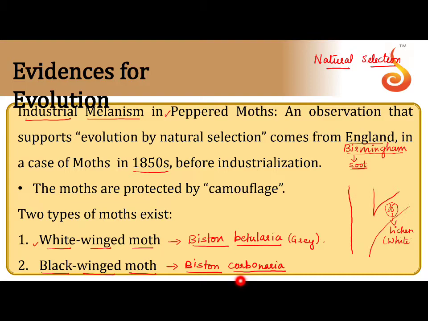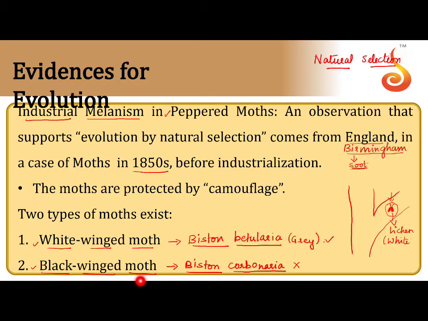But if a black winged moth, Biston carbonaria, came and sat on this lichen, it was easily visible and a predator could make it a prey. So, before industrialization the number of black winged moths was less and grey moths were more.